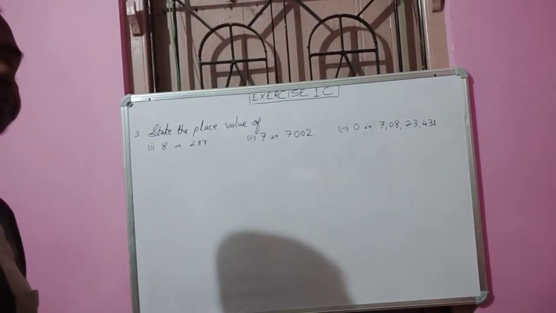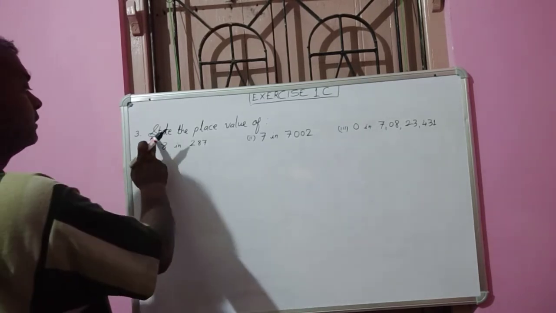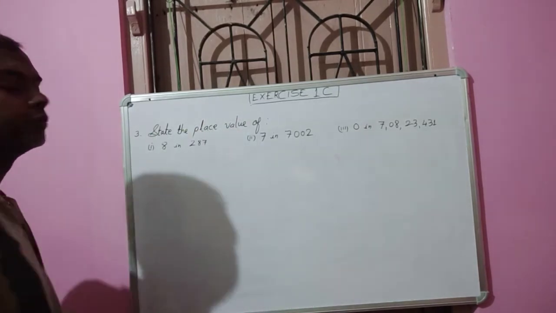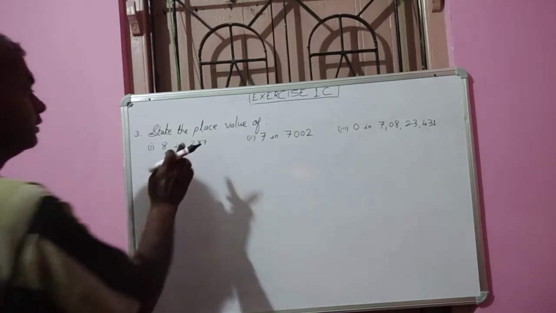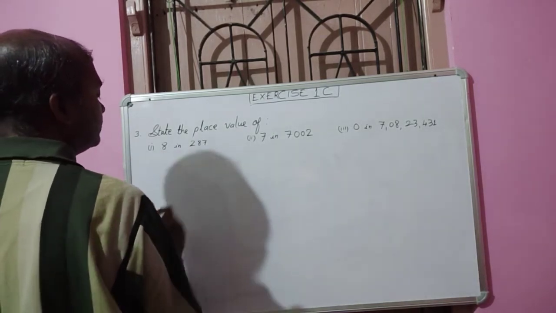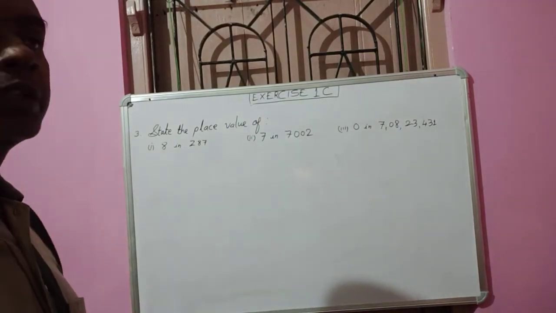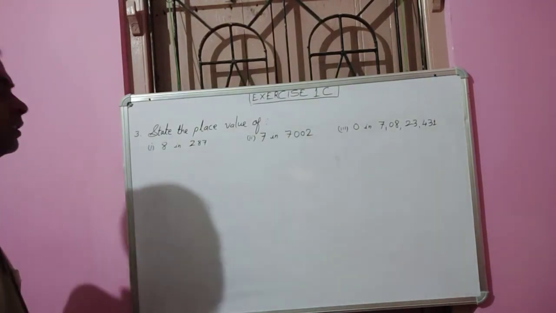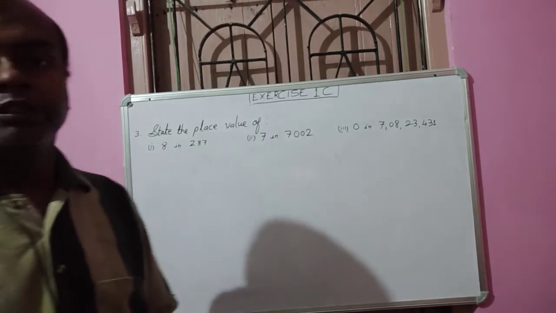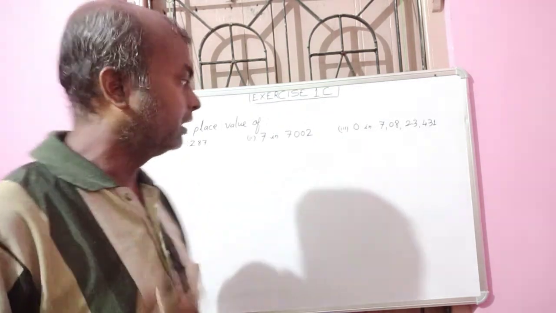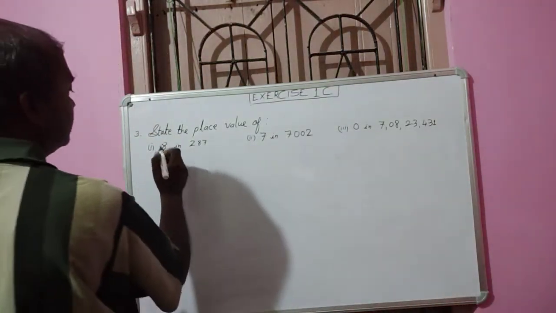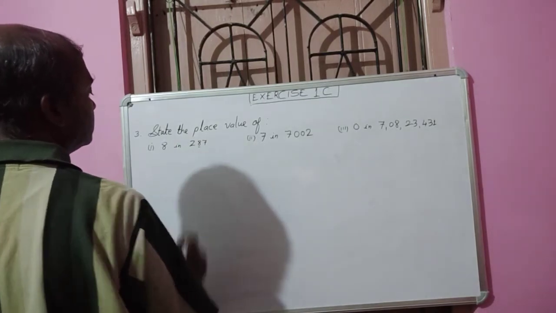Third question. Here you have been asked to state the place value of, like in the first question, 8 in 287. Now what's place value? Place value is the value of a number in its respective place. I'll tell you. Like for example here, 8. Where is 8 in this number? 8 is here.